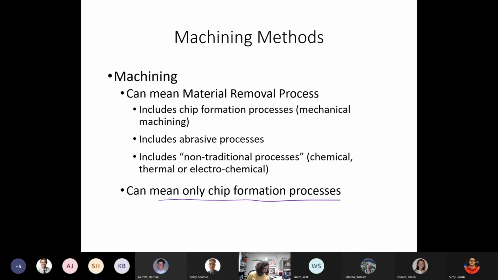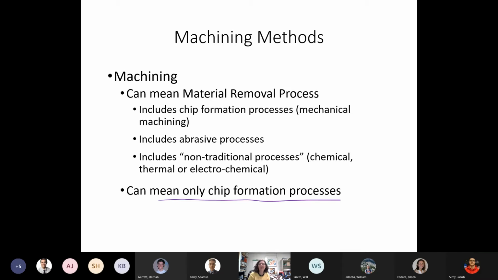And so that could be chip formation, which sometimes we refer to as mechanical machining, although that is one that you might not have a lot of traction with out on the factory floors. We could also refer to machining as some of our abrasive processes. That's going to be more like your grinding, your polishing. We'll talk about honing and lapping.